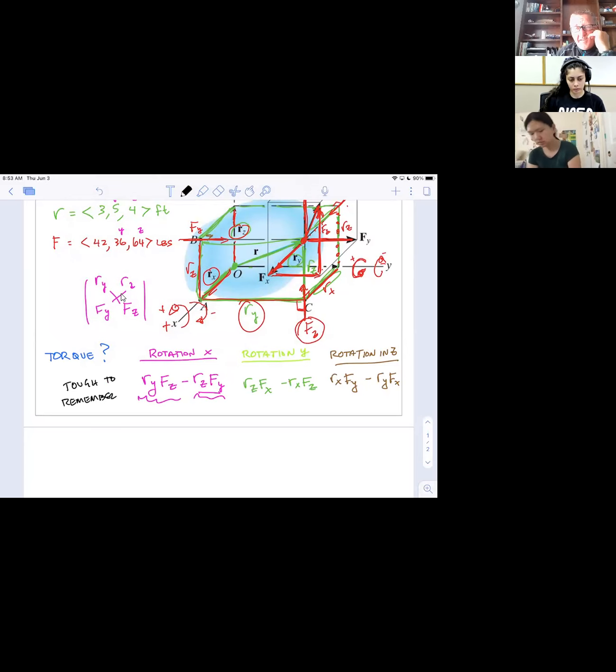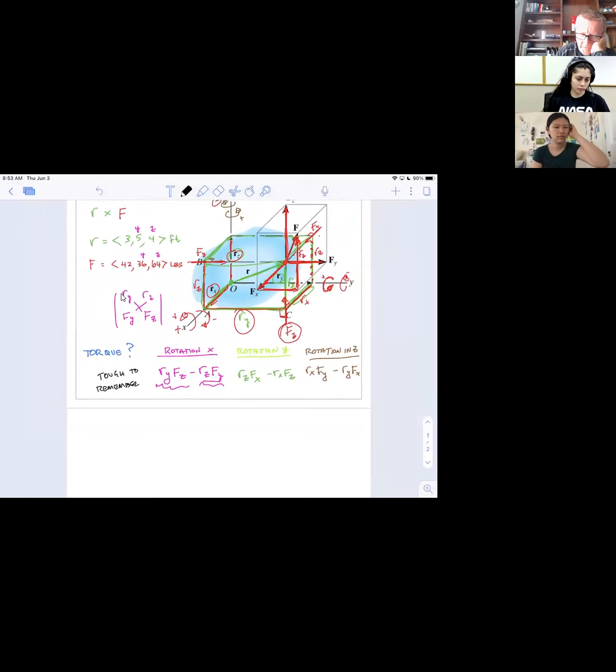Because in 3D, there's a lot more diagonal multiplication going on. So this is the brilliance of the mnemonic device. As weird as that looks, you can actually memorize this.